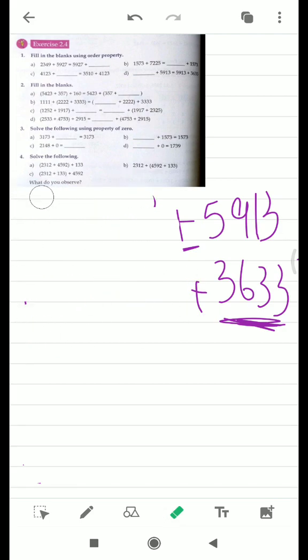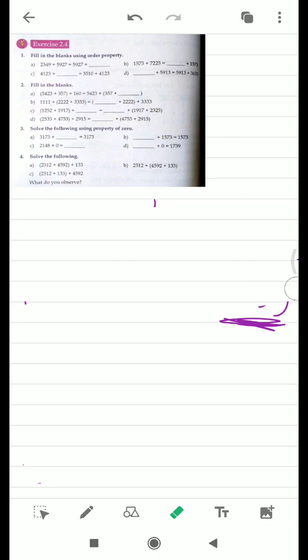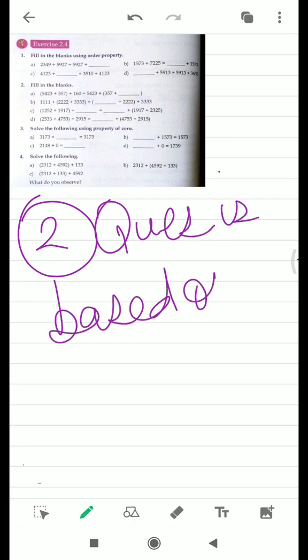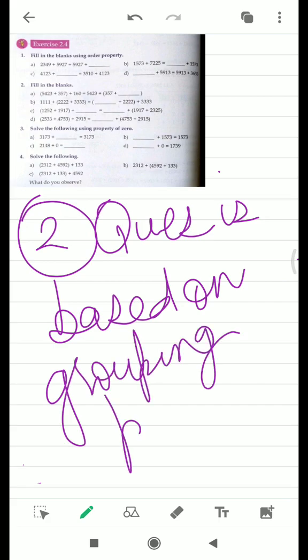Second question. Fill in the blank. First one is, now this is how you pair, the way you group. Now second question is based on grouping property.